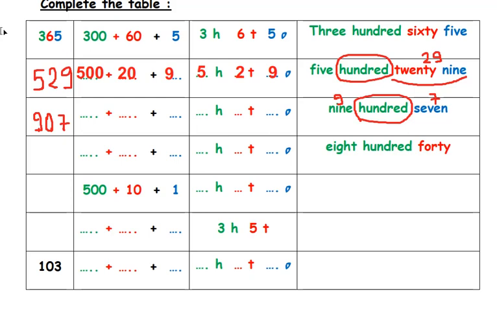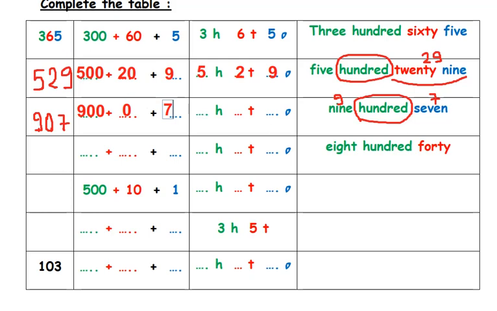So now I will write this number in its expanded form. 907. 900, it means it's 9 and 2 0. And the tens are 0. I can put the 0 or I can leave it blank. Okay? 7, it's the ones. It's only 7. Great. So what's the digit of hundreds?